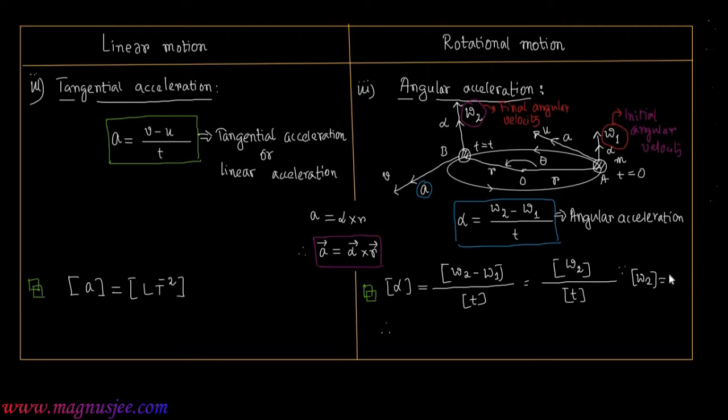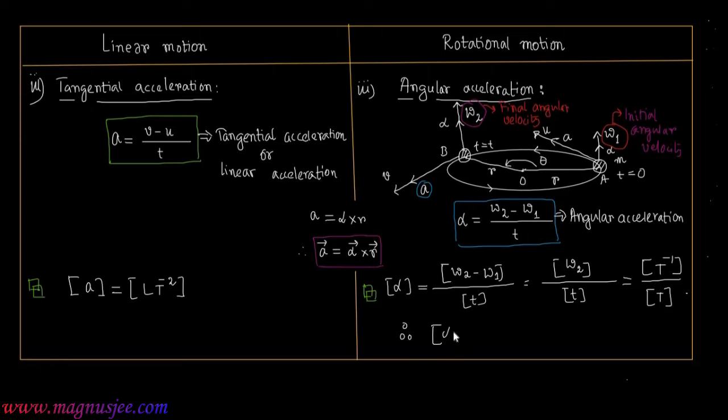Since dimension of omega 2 is equal to dimension of omega 1, that's why we have written dimension of omega 2 in place of dimension of omega 2 minus omega 1. In place of dimension of omega 2, we can write t inverse divided by dimension of t.